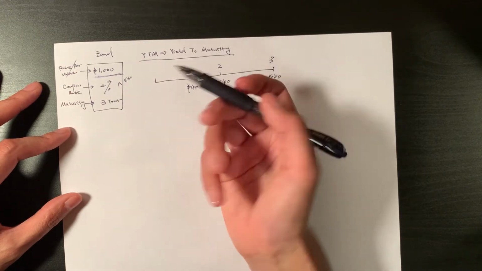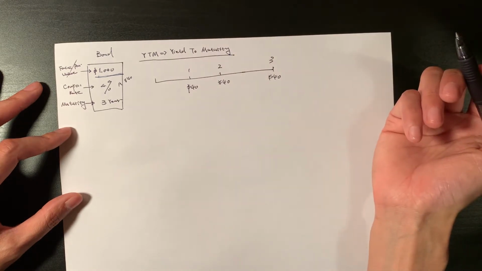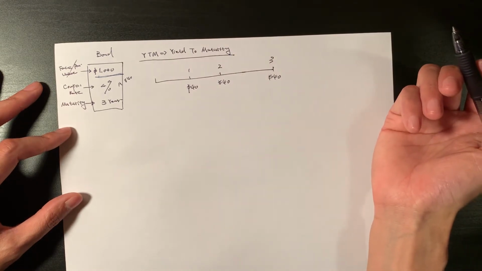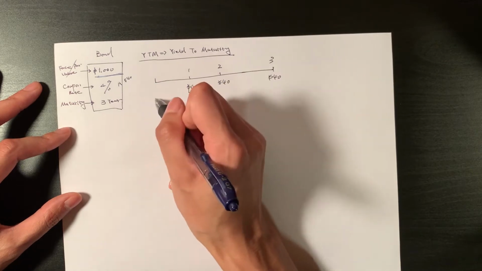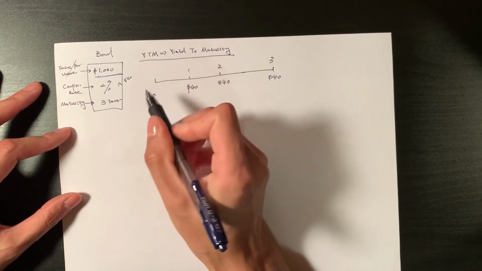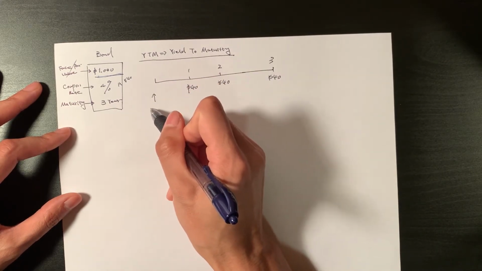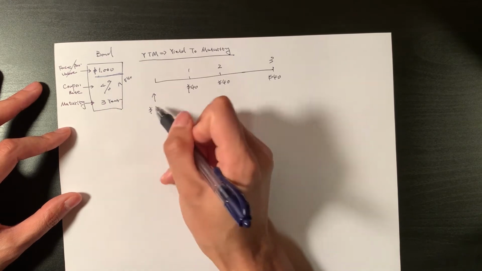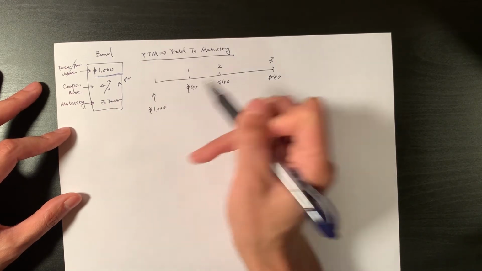If they sell at exactly $1,000, then you say today I am going to buy this bond at $1,000.